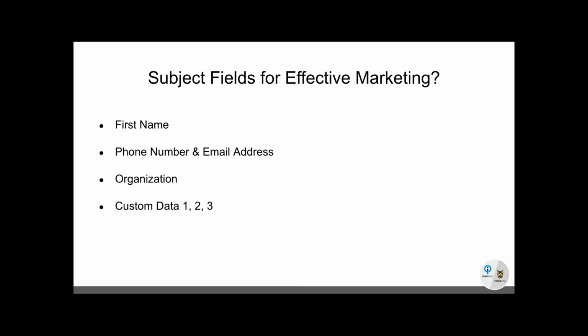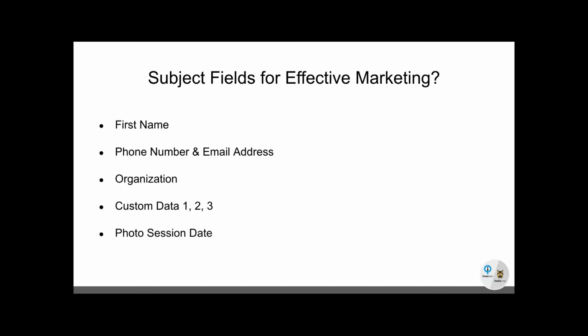If you want subject-specific information that doesn't fall under any other category in the subject lines, you can use your custom data, and we can use those custom data fields, along with everything else, to send out within the marketing.